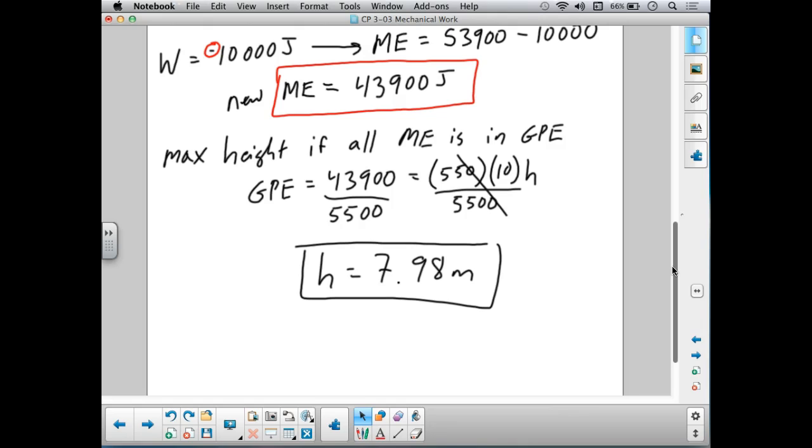So I'm going to set my GPE equal to all of the energy I have available, 43,900. I put that into the GPE relation, GPE equals mgh, and then solved for h to get a height of 7.98 meters.